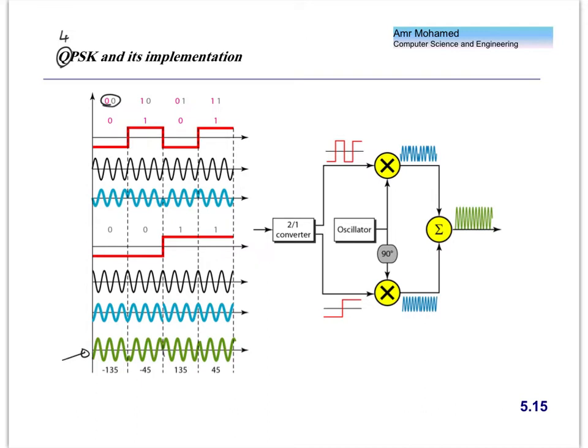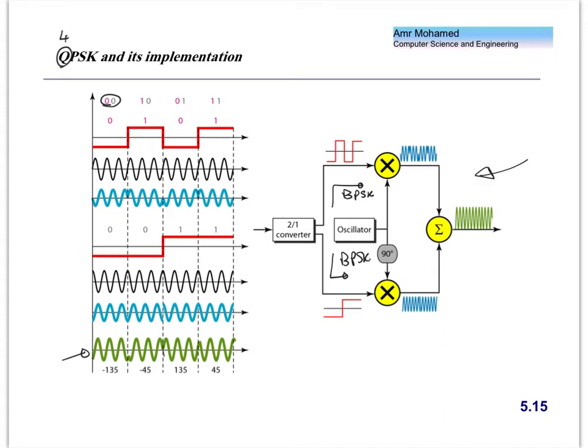Okay, so how can we implement this in practice? We will implement this using 2 binary phase shift keying. So what we do is that we have here, this is binary phase shift keying, and this is a binary phase shift keying.